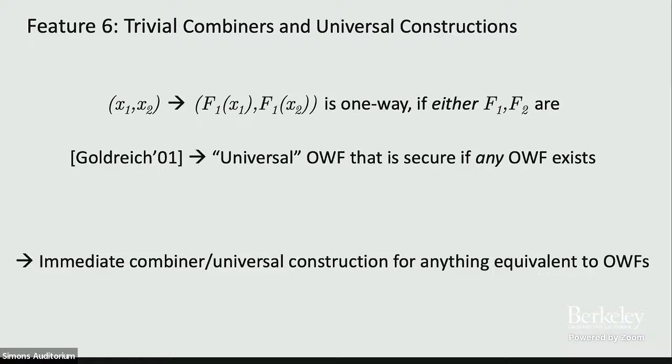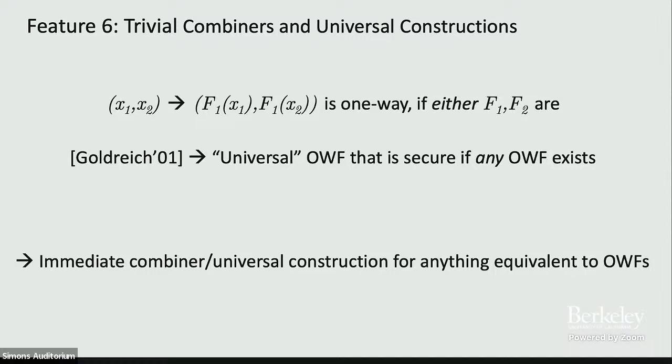Your input is now two inputs, a pair. One input for the one-way function F1, another input for the other one-way function F2. And if you can invert this new combined one-way function, then clearly you're inverting both one-way functions. So as long as one of the two is hard, this combined one-way function is hard.